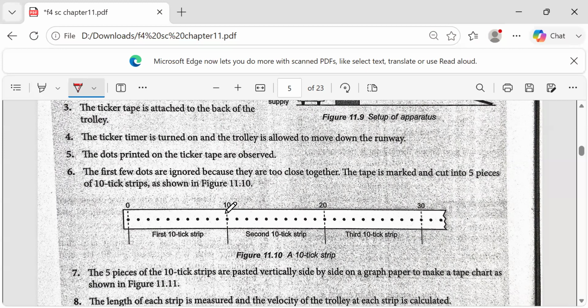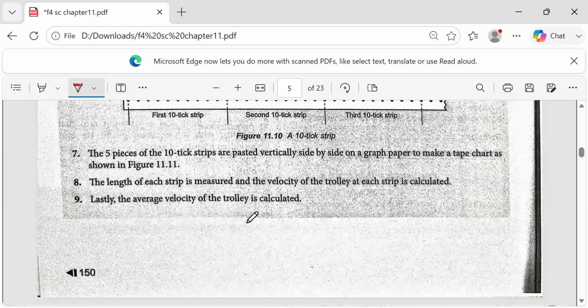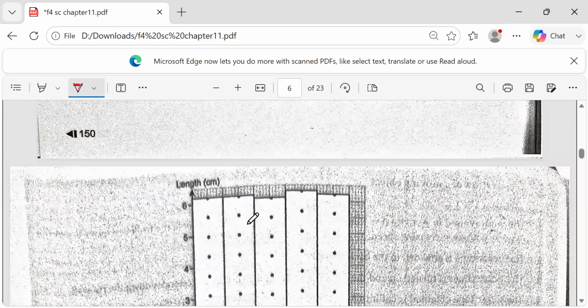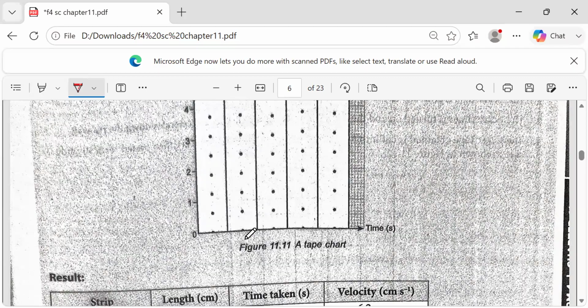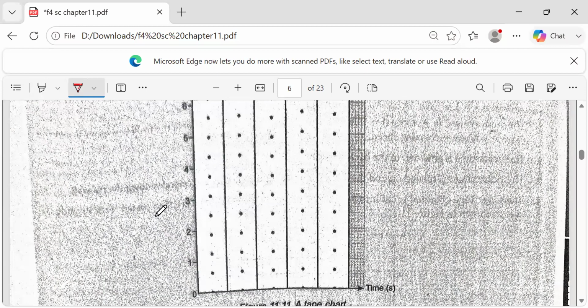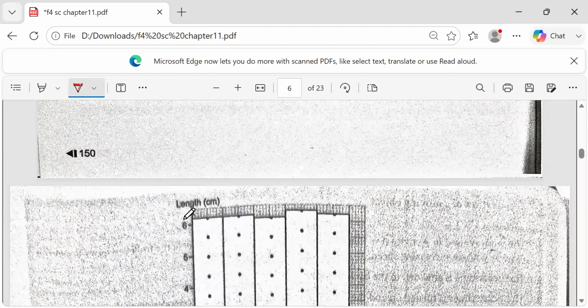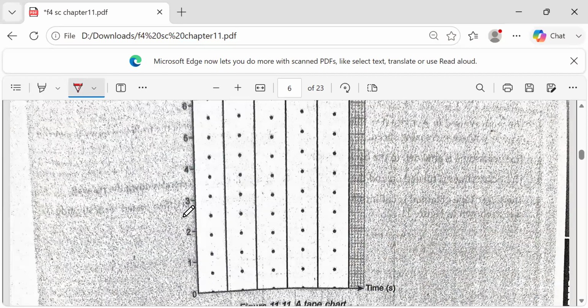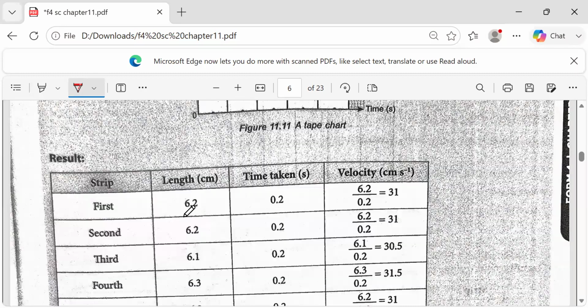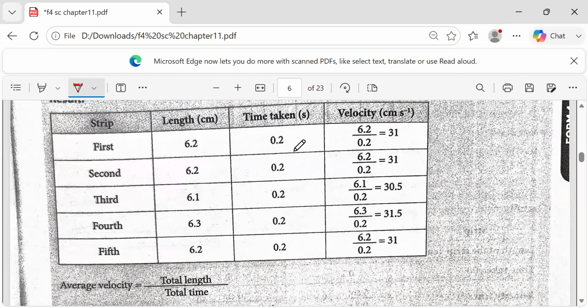So the time taken is 0.2 seconds, and the length is how far they travel.